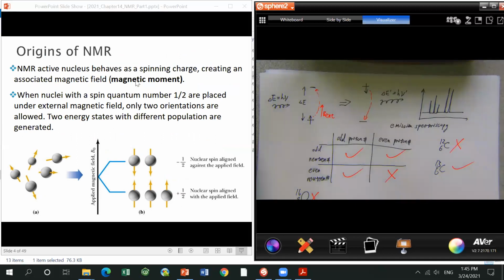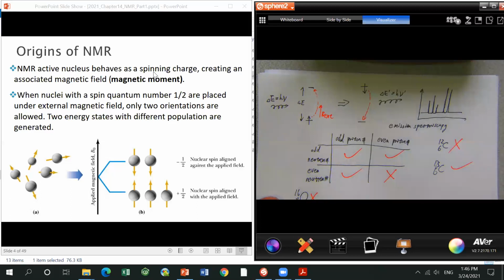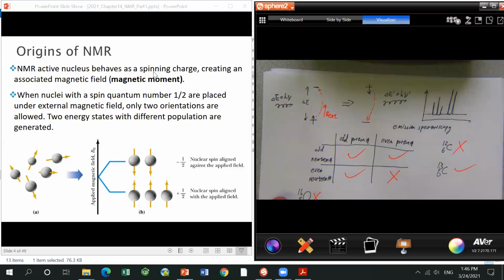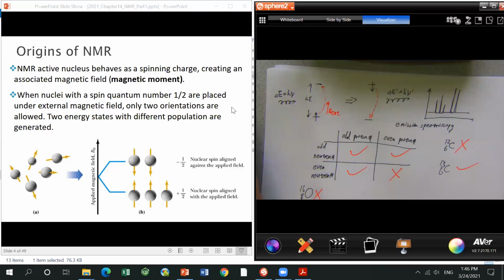If it's an NMR active nucleus, it will have spin charge, and then it generates an associated magnetic field, which we call the magnetic moment. Let me show you.